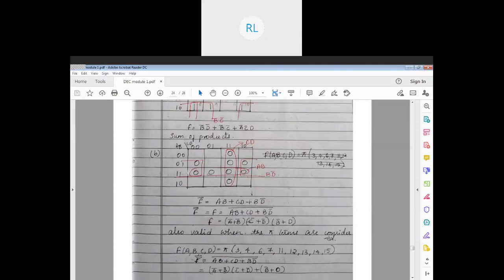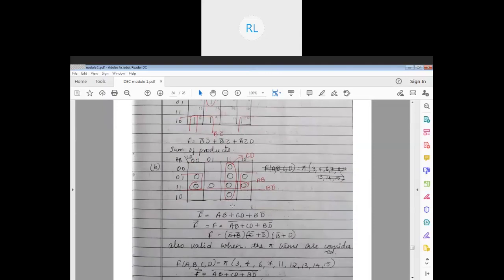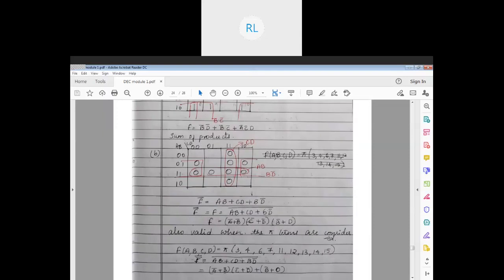So ultimately, if you get the final equation, you can actually circle those zeros which are not filled, those squares which are not filled, so those will be put up as zeros, and then you group them, AB, CD, BD bar.